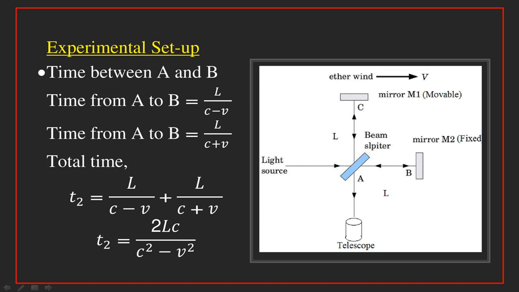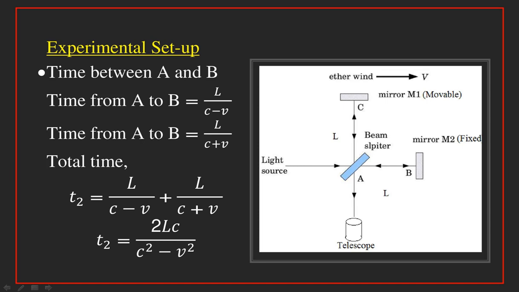At the beam splitter, it is split into two parts. One part moves from A to C and comes back from C to A. Another part moves from A to B, then comes back from B to A. So the path difference will be AC plus CA minus AB plus BA. That is the path difference between the two rays.